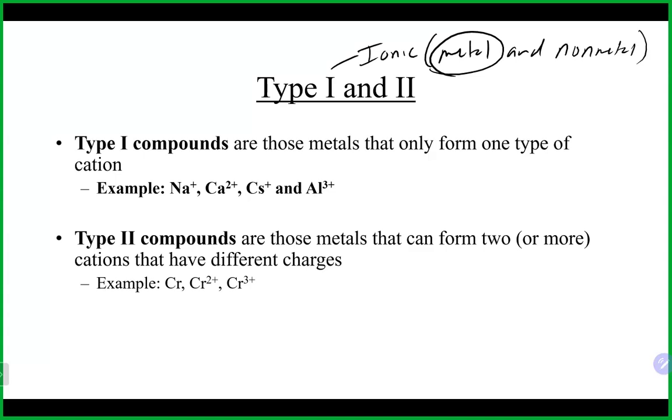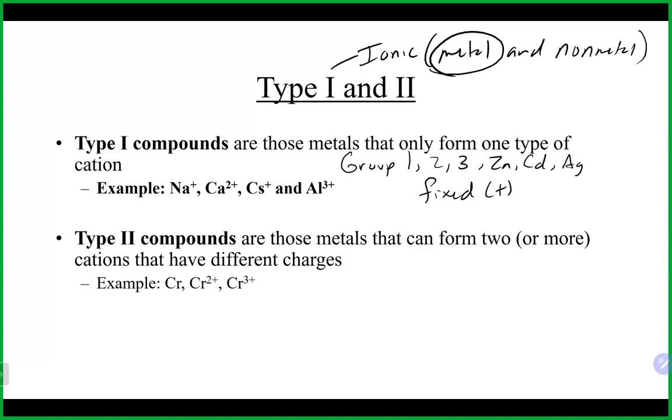So when we look at type 1 versus type 2 metals, the difference is the type of charge that those metals can make. A type 1 compound is a metal that is basically from group 1, 2, 3. It's zinc, cadmium, or silver. What all those have in common is they all have a fixed positive charge.